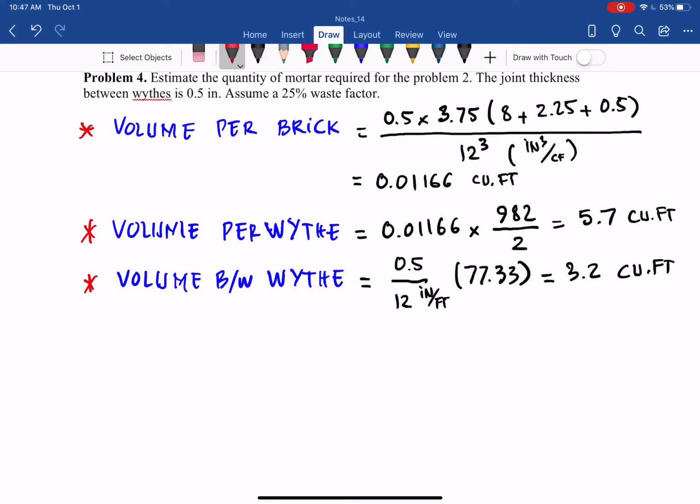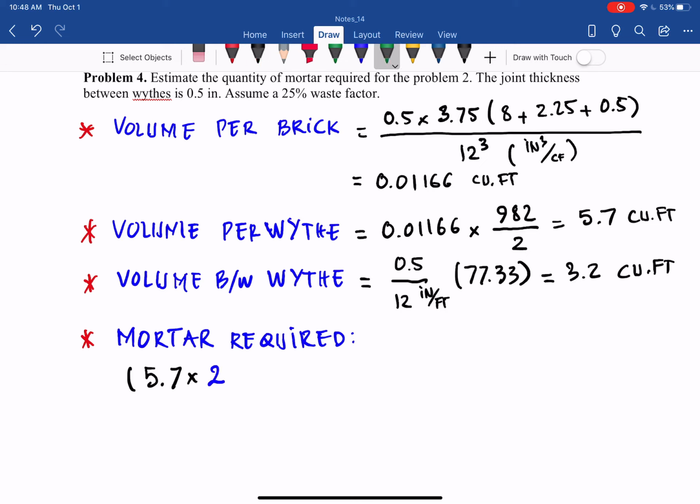So we can finally determine the mortar required for the whole double-width wall. It equals per width 5.7, and it is double, so we multiply by 2, plus the volume between widths 3.2.